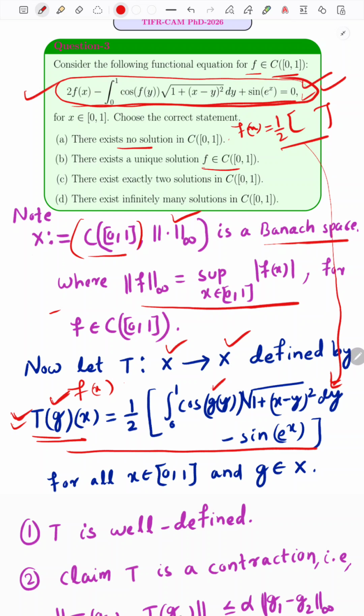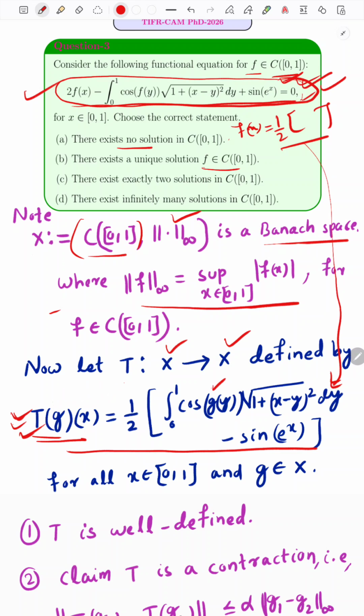Means if f is a solution of this equation, then f is a fixed point of this operator T, and the other way around, if f is a fixed point of this operator T, then f is also a solution of this equation. I hope at this point everything is clear. Okay, so we converted this equation into an operator form.